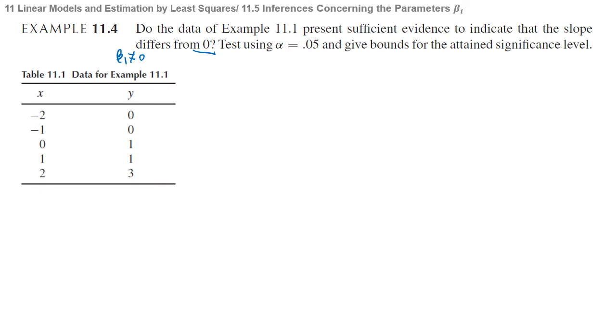So let's specify the test statistic first. Our null hypothesis is beta 1 is 0 versus beta 1 is not 0, and our alpha is 0.05. This is our step 1, and step 2 is the test statistic.